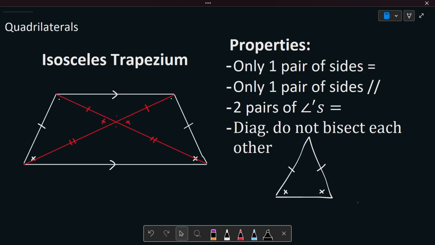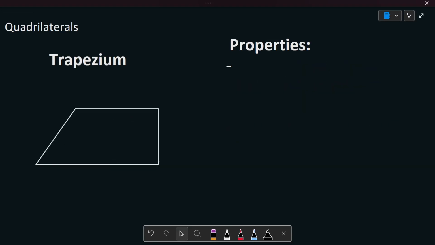Now let's do another trapezium, and I believe it's going to be a normal trapezium in this case. So this is probably the most amazing shape that you'll ever see in your life. So this trapezium over here, let's look at the lengths. None of the lengths are the same. So that is what we know about the trapezium over here. No sides are equal.